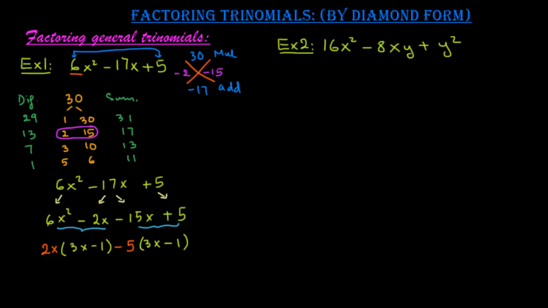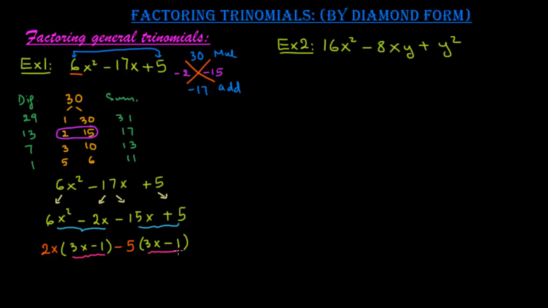If you don't know why it is 3x minus 1, you should go back to the greatest common factor lesson. They will give you a tip on why it is negative 1. As you see, we have 3x minus 1 in common.